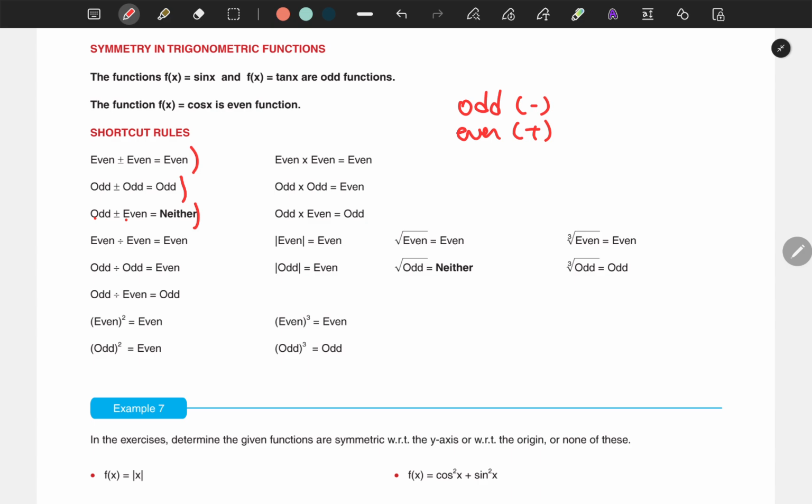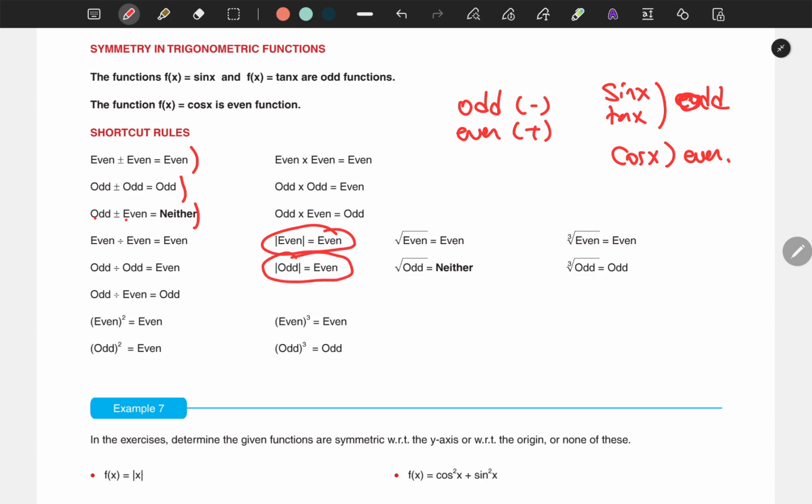Okay, and then here you should know this, sine x and tangent x, it is odd function, but cosine x is even function. Okay, absolute value of the even is even, absolute value of the odd is even. Guys, here inside second power even, inside second power, if it's odd, it is neither. Third power, it is fine.